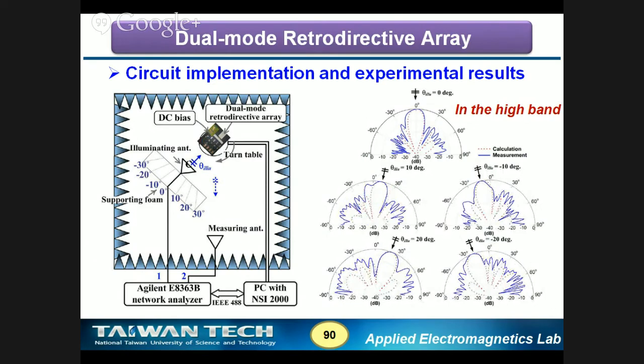Anyway, it is our first work. I believe it is the first work to combine the feeding networks of two ratio derivative arrays as a whole.